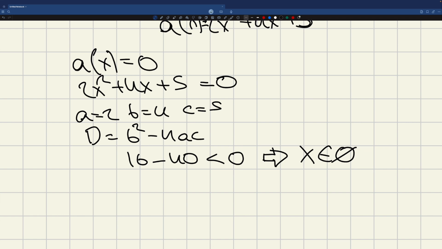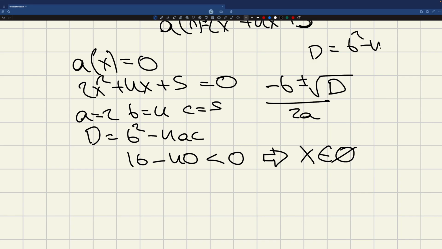Nice. If you don't understand how I got x belongs to empty set, I'll explain it right now. So the quadratic formula says negative b plus or minus the square root of the discriminant over 2a. Now the discriminant is equal to b squared minus 4ac. So if b squared minus 4ac is larger than 0, then you can take the square root and then you get 2 positive answers.